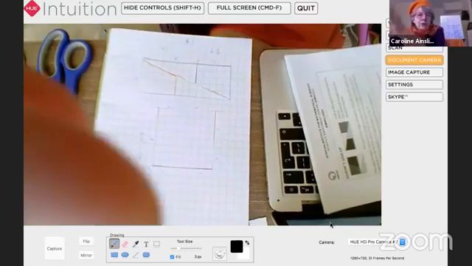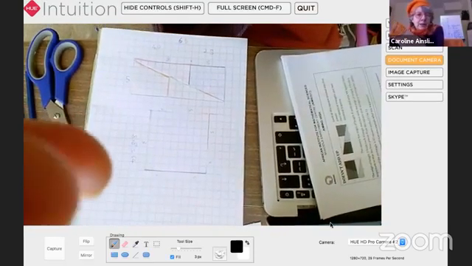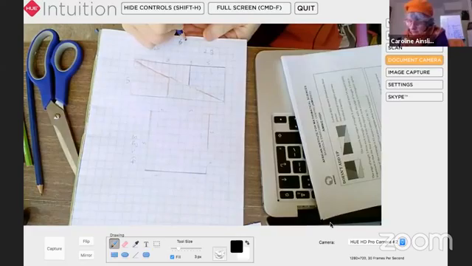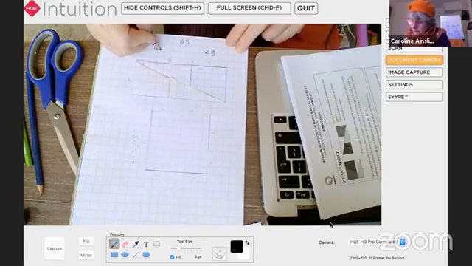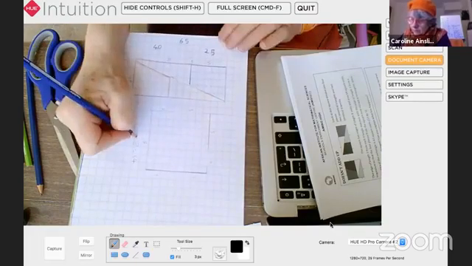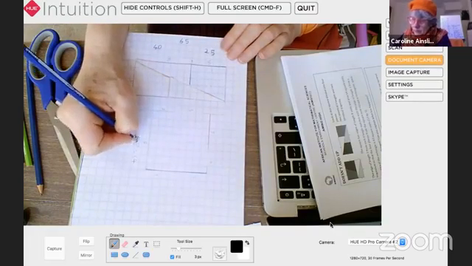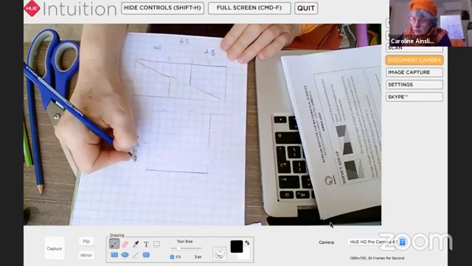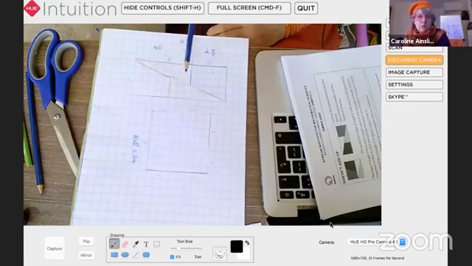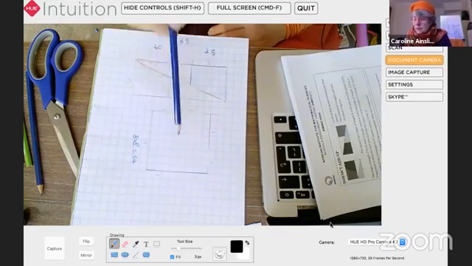Is that out of focus? Ah, is that better? Here we go. 65 there. 25 there. 40. And then we've got 8 times 8 there, which equals 64. We've used the same shapes. We've cut those shapes out of there and put them in here to make that.